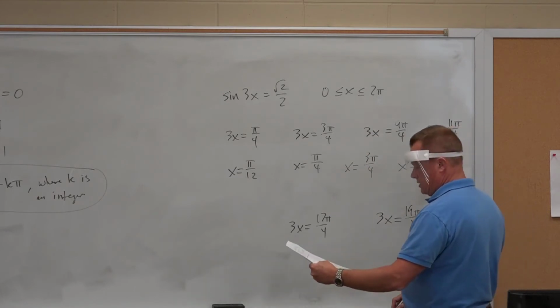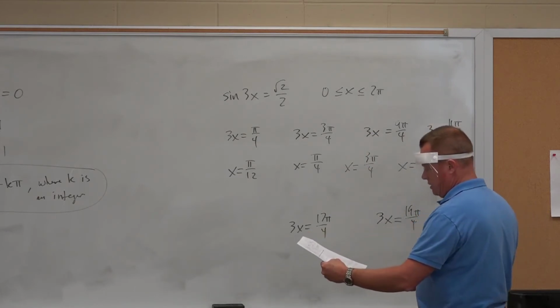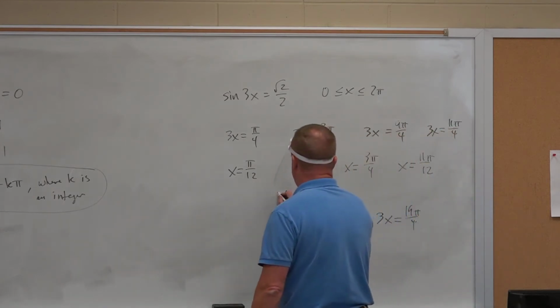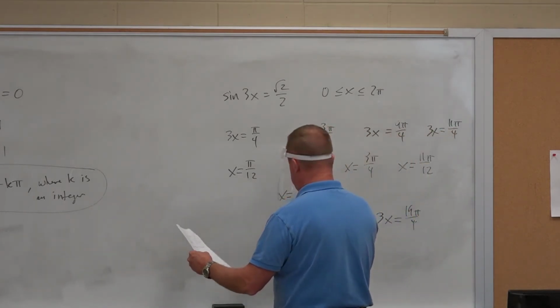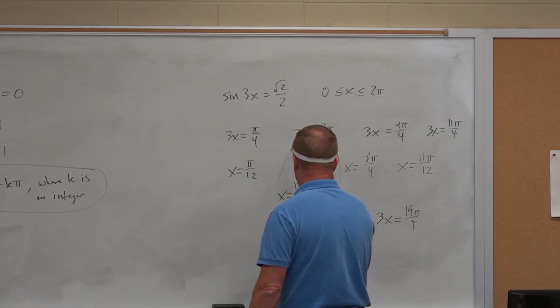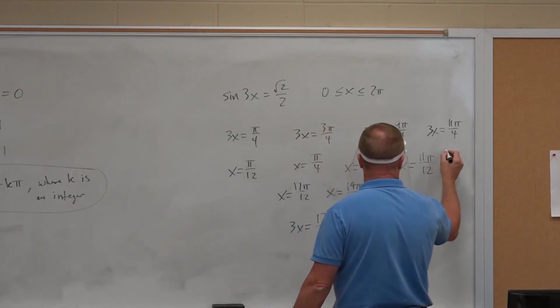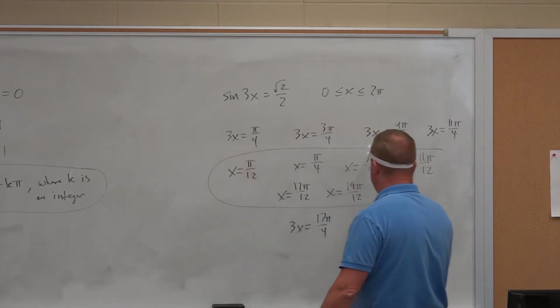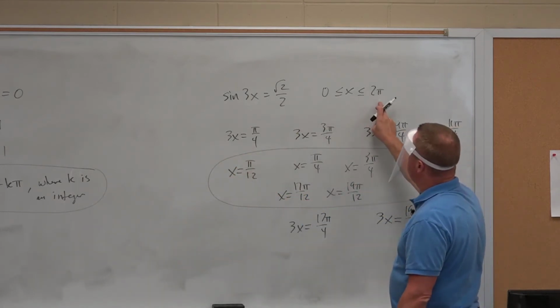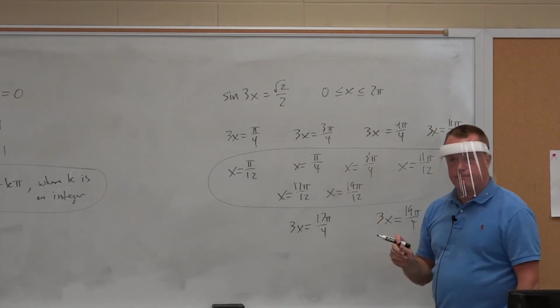So x is also equal to, if I divide by 3, 17 pi over 12, and x is equal to 19 pi over 12. So that would be all the solutions between 0 and 2 pi for that equation.